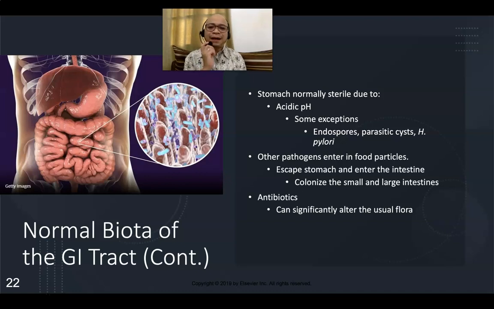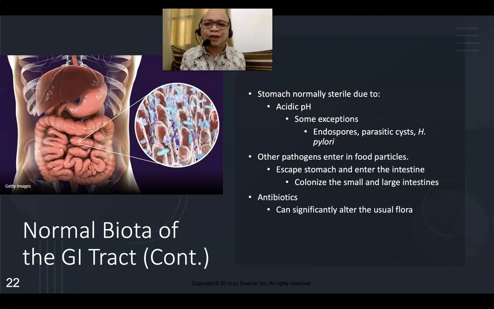So other pathogens enter in food particles. So food particle, we call it vehicle. So water and food particles are considered to be as vehicle. Because they are in the vehicle, they are able to escape the stomach and eventually enter the intestine and colonize the small and large intestine. Now, there are some antibiotics.